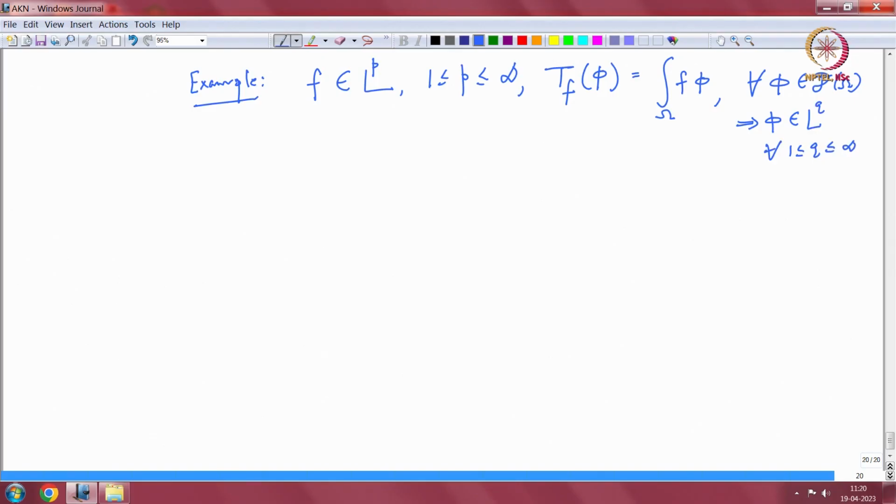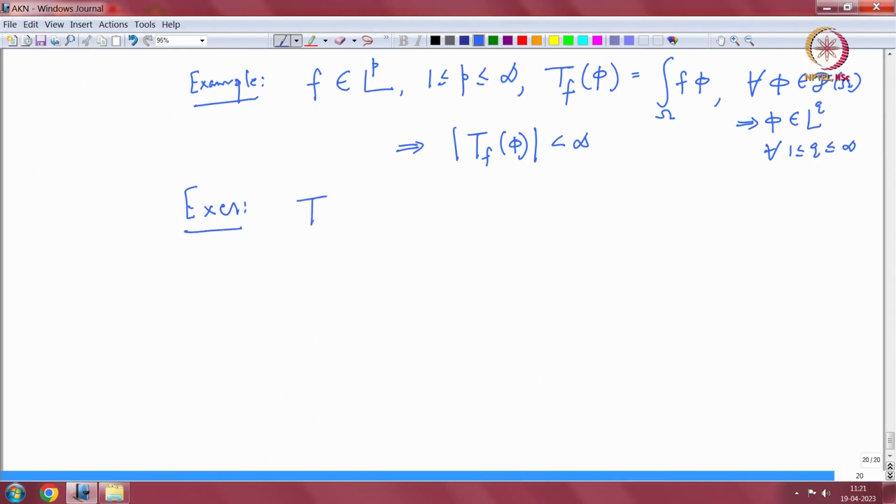So, the integral of f phi is finite. So, it is well defined, and with similar arguments which I have given, you can actually show that. That is what I say, you should work out everything.